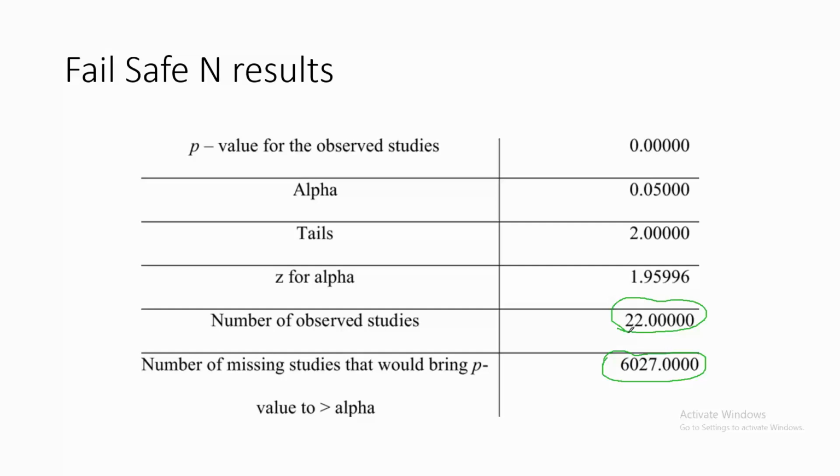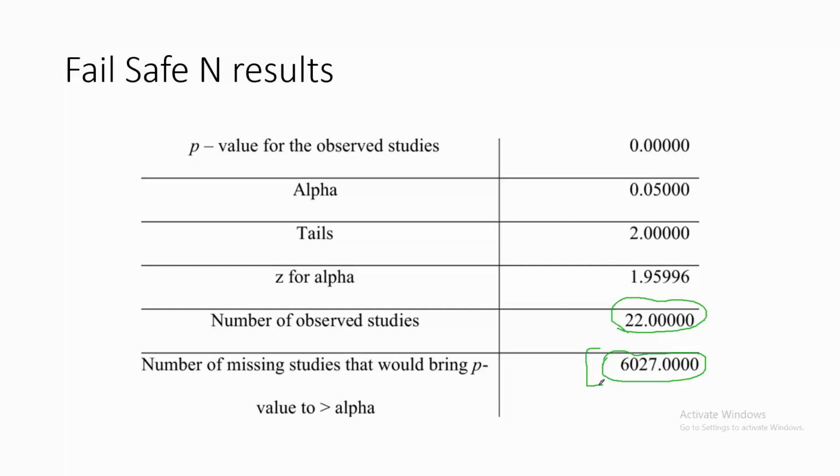So this person from whom I've taken the table has taken some 22 total studies in the meta-analysis, and his fail-safe N comes at 6027. So from the principle of 5k plus 10, I think he's very, very safe.